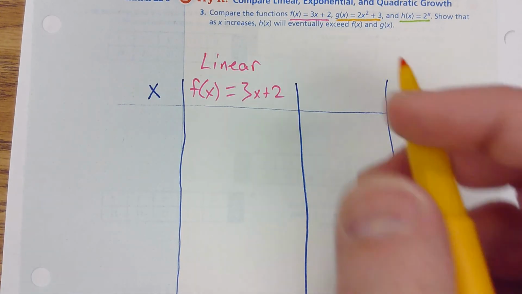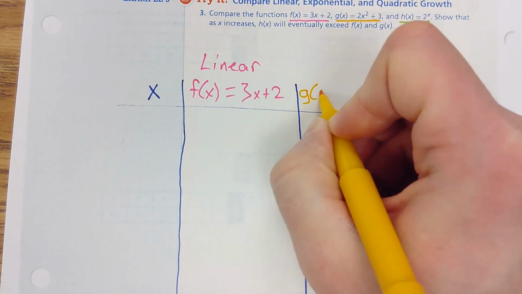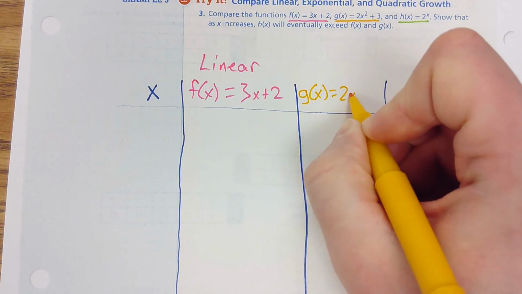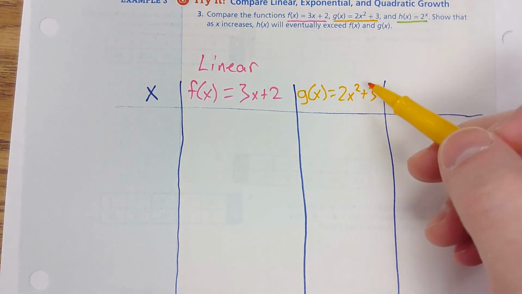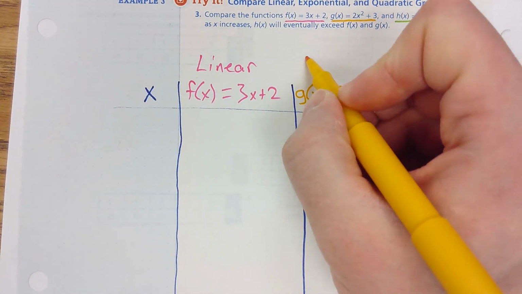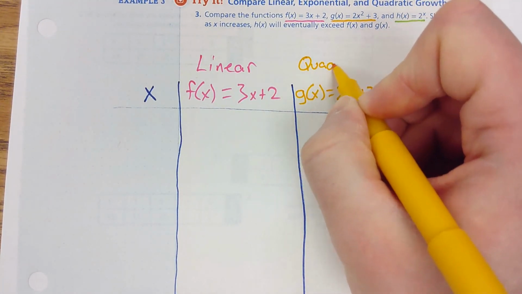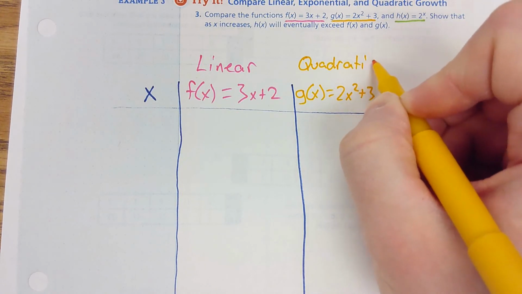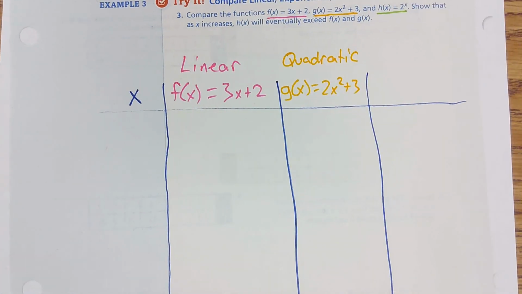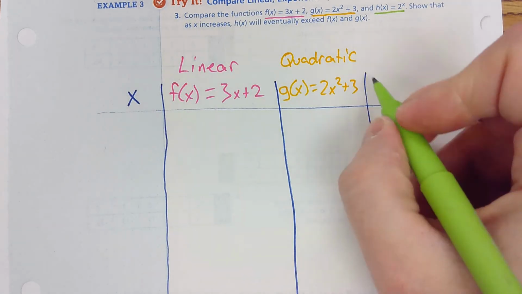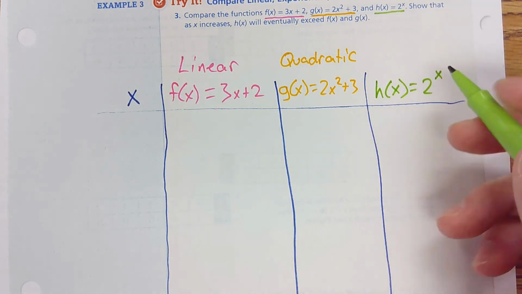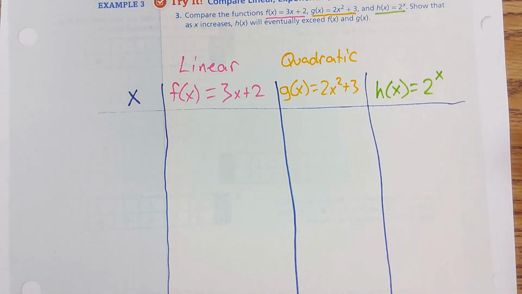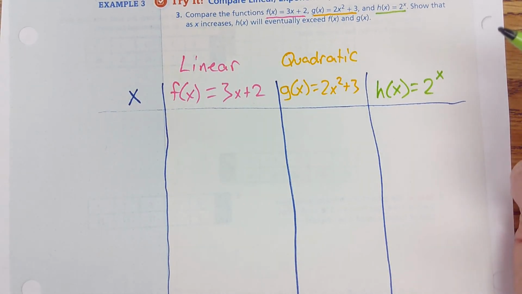The second one, g of x, equals 2x squared plus 3. We see it has an x squared, and that's what makes this a quadratic function. And the last one, h of x, equals 2 to the x power, the x as the exponent, and so that's how we know it's exponential.